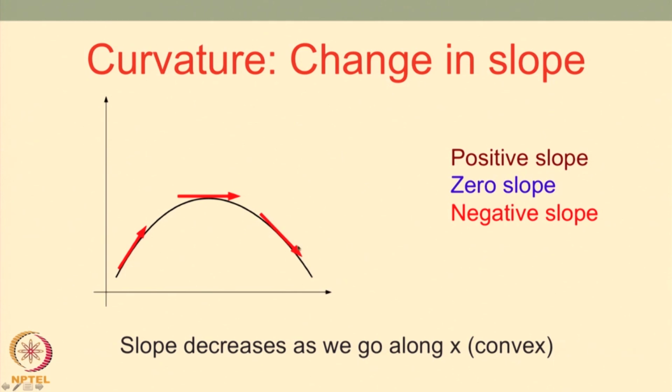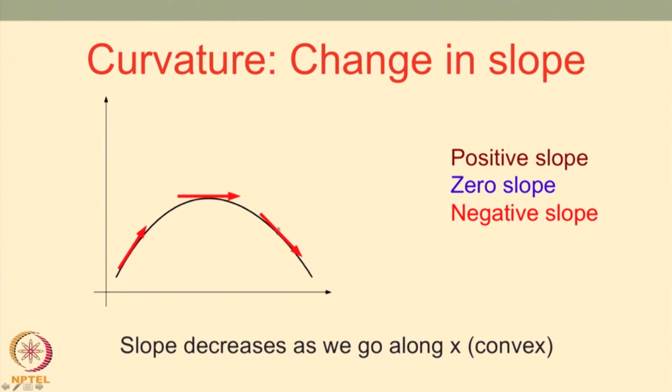Then if I further come along the x, somewhere here, if I take a point and draw a small straight line, that is a tangent, I would get that the slope of that line would be a negative number. So, this is a negative slope. We had a positive slope, which means the function increased as x increased. Here locally, the function doesn't change much, so the slope is nearly 0, and here the slope is negative, which means the function is decreasing as I increase x.